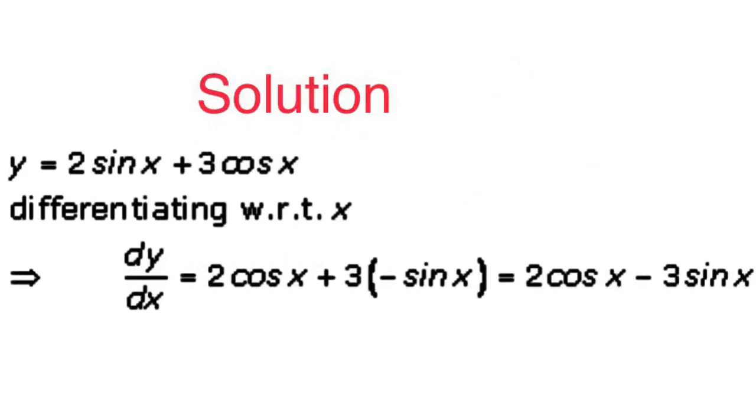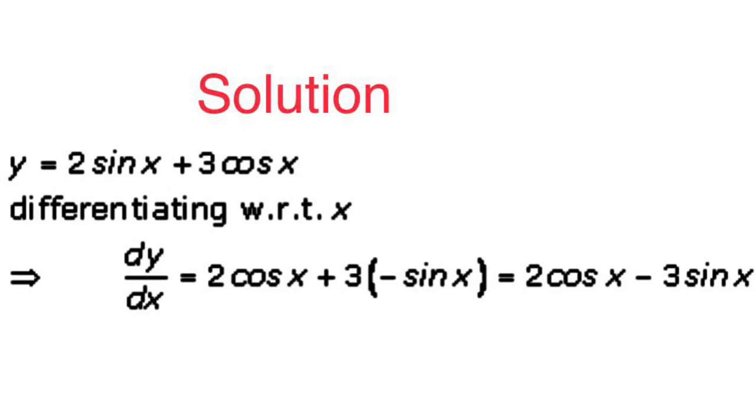So let's see the solution of this. Since y is equal to 2 into sin x plus 3 into cos x, we are going to differentiate it with respect to x.